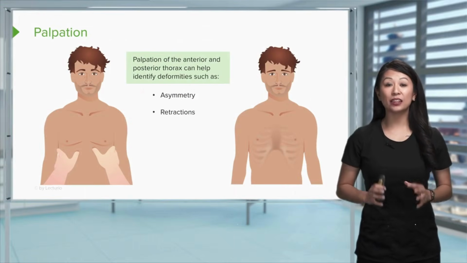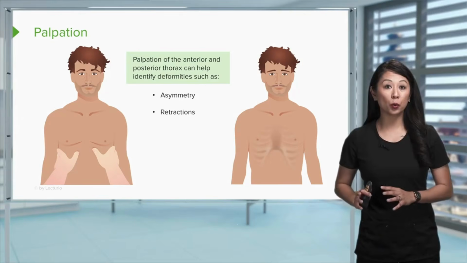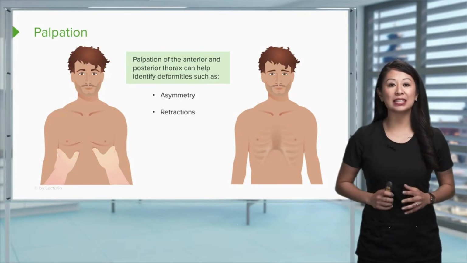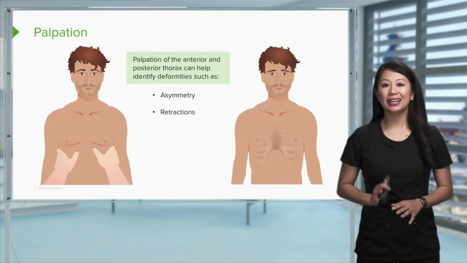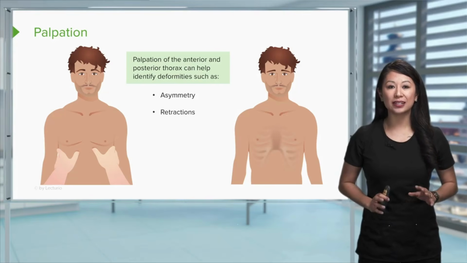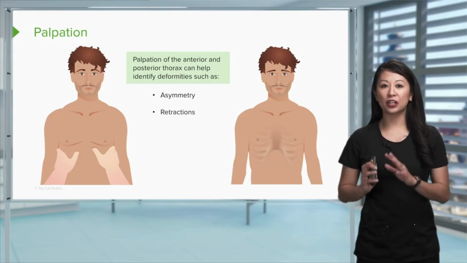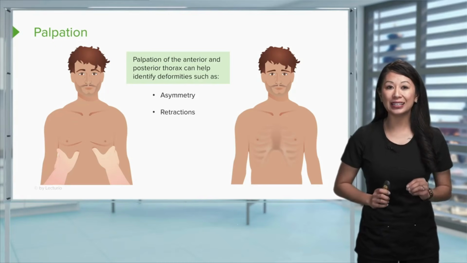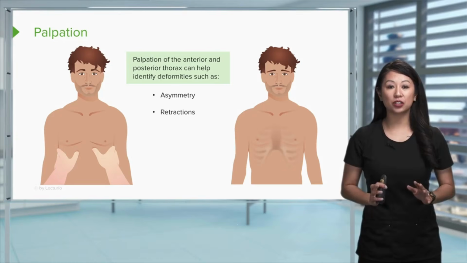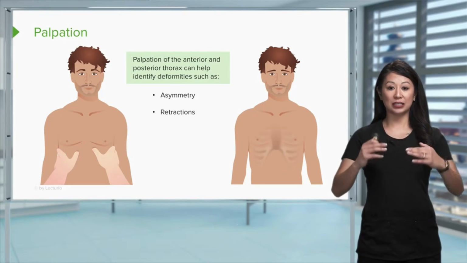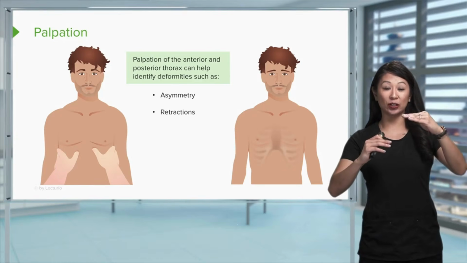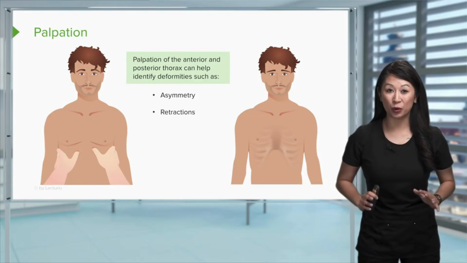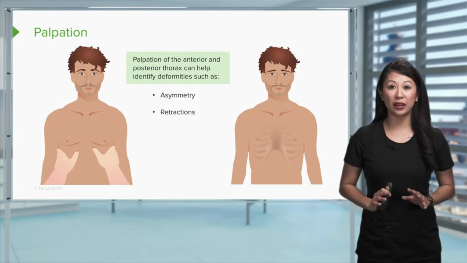Now when assessing the patient's chest and or thorax, palpation is a great assessment method that we can use. Before we listen or auscultate, we may need to feel the patient's chest and their ribs for asymmetry, but you've got to be really careful here like you see in the image. As you can imagine, if you assess the chest and you see asymmetry like this, that is not normal, so be careful when you palpate.